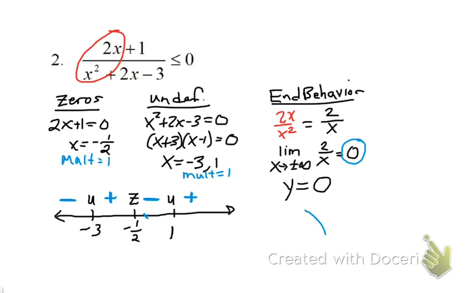It will be approaching sort of like this, if here's your asymptote. And the positive interval on the right side tells us that we'll be approaching 0 from above the x-axis, so that the values are positive. So that's how you can have end behavior of 0 and yet still have signed intervals.